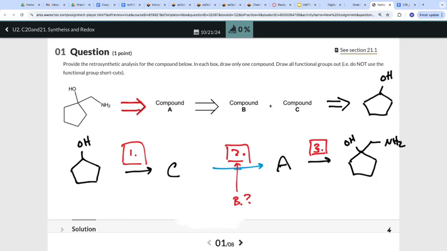If we look at structures, reactions 1 and 3 are being used to just change functional groups around. We're not changing the structure. Reaction 2 is changing the structure by adding carbons into our structure.